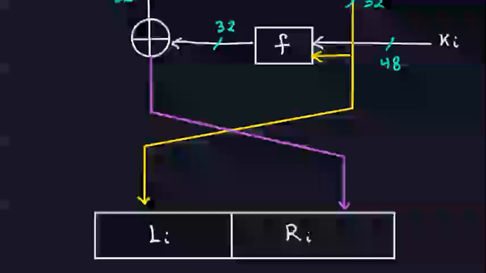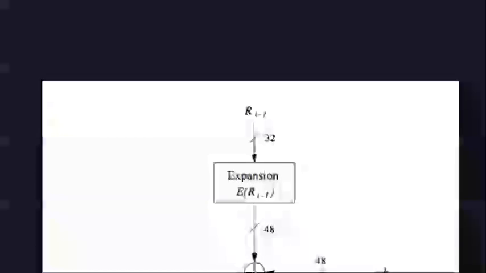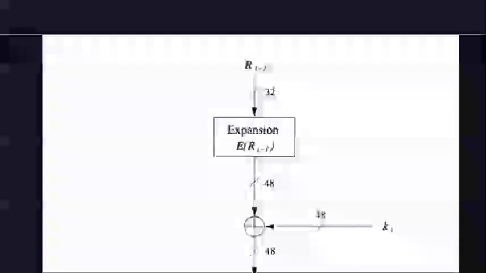I'm going to scroll down here, and you remember the formulas. This picture that I'm going to show you is the inner structure of the function F. I'll go into more detail on everything here, but for now, let's look at these details. This R(i-1), the one that you see here, is the right-hand side of the previous 64-bit block.